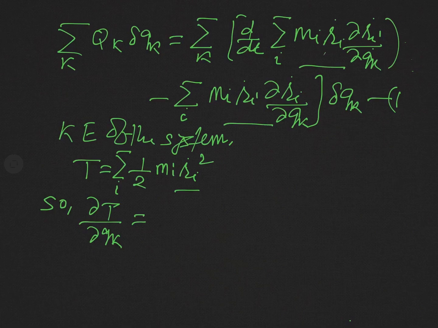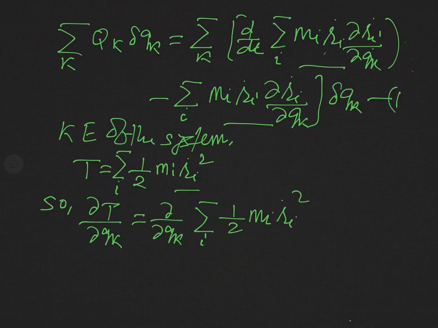We have to differentiate this expression with respect to qk partially. So this will be del by del qk of summation over i half mi ri dot square. In classical mechanics, mass is always constant, so the half mi factor is a constant factor.